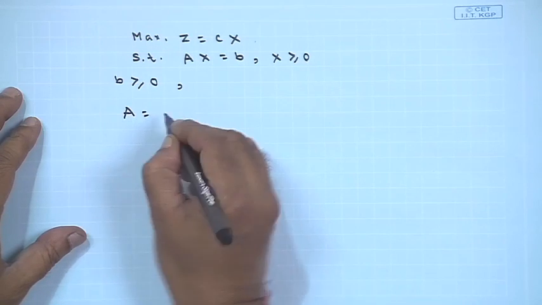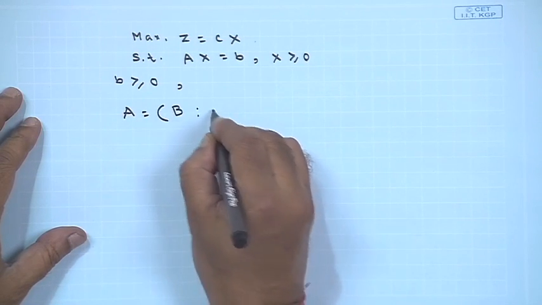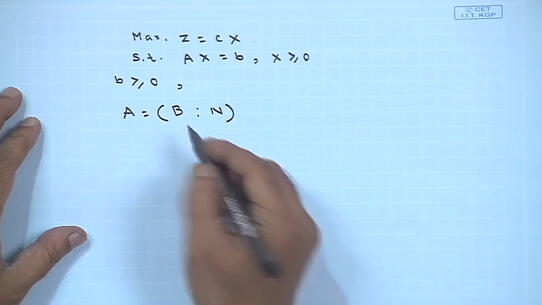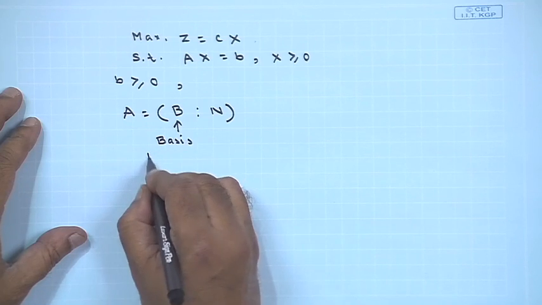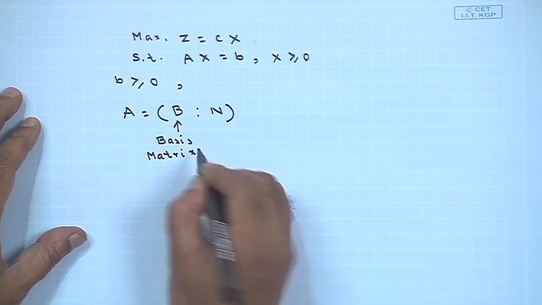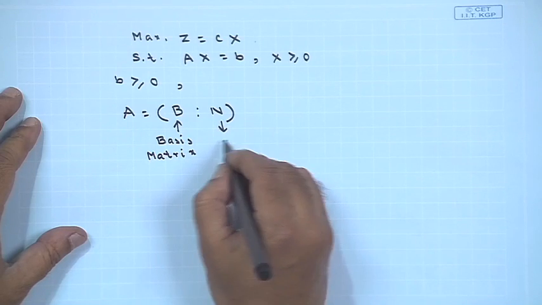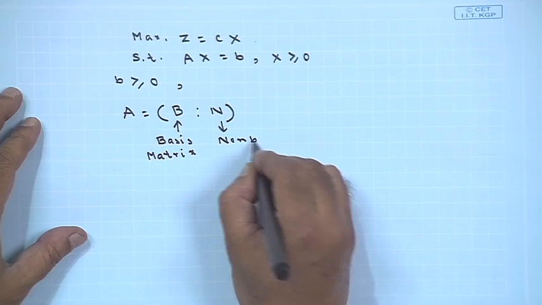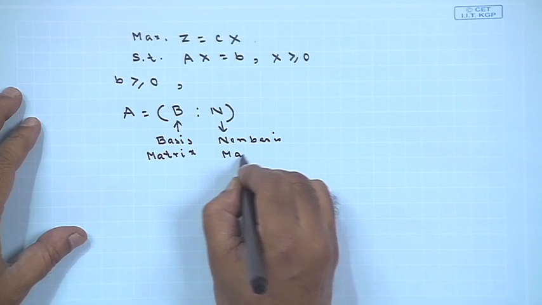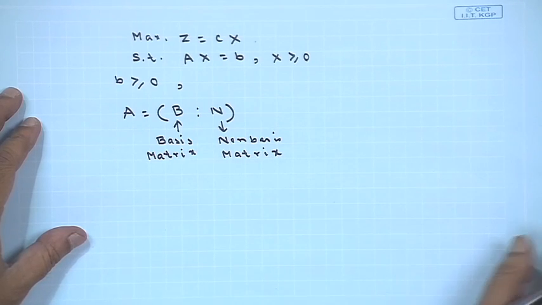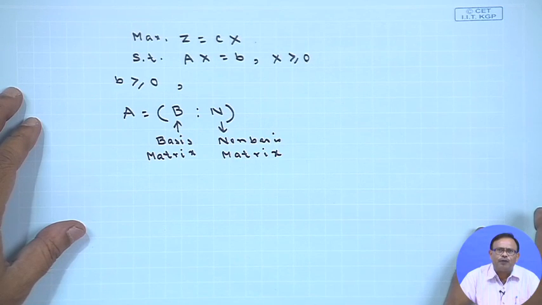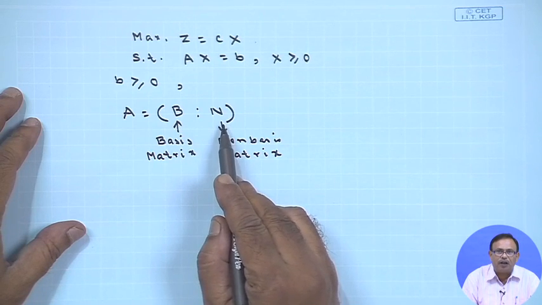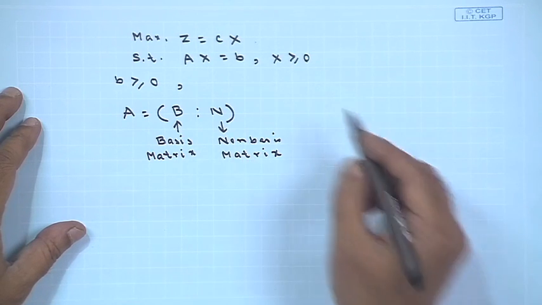Then we can write A as B and N. Basically, B is the basis matrix and N is the non-basis matrix. The linearly independent vectors, whatever you get in terms of the unit matrix, form the basis matrix, and N will be the non-basic matrix.